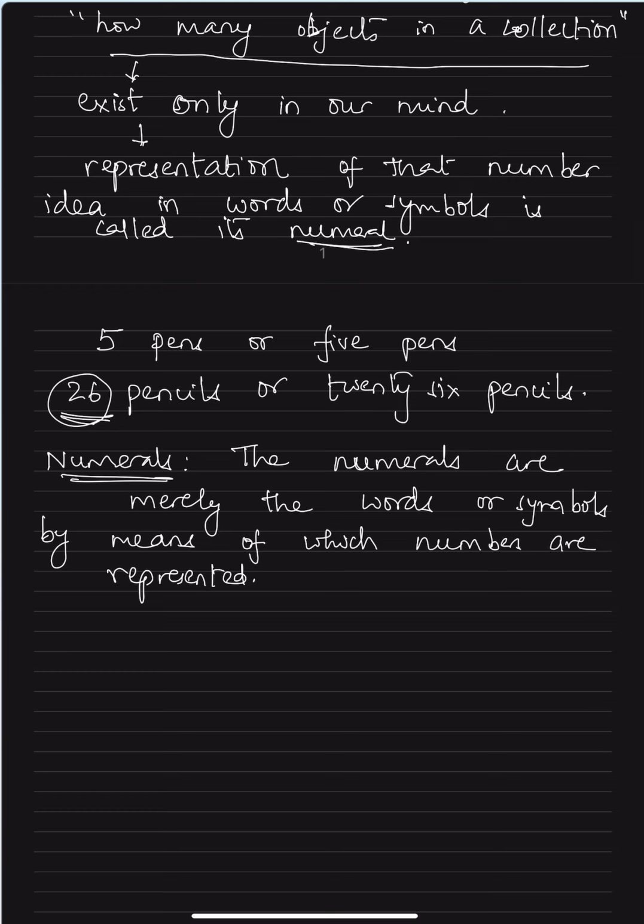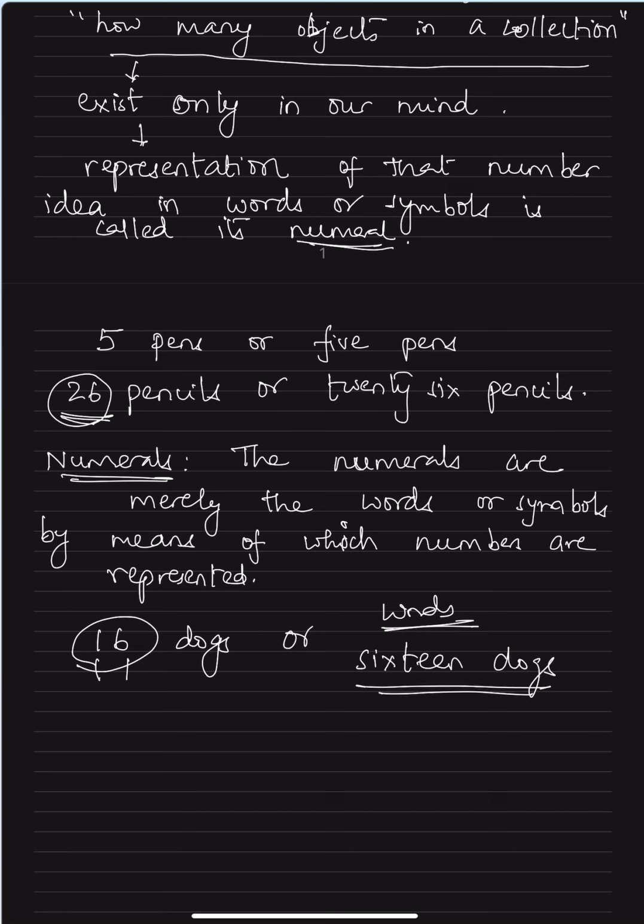A number we speak, and the form which we write is a numeral. If I say 16 dogs, 16, 1 and 6 are numerals again. 1 has its own symbol, 6 has its own symbol. Or the same thing I will write in words, and that is 16 dogs.